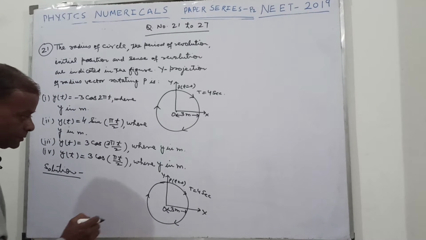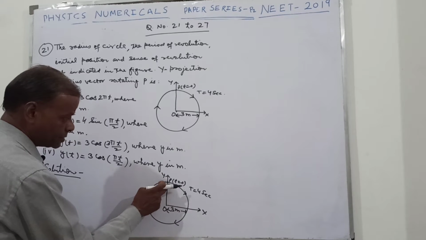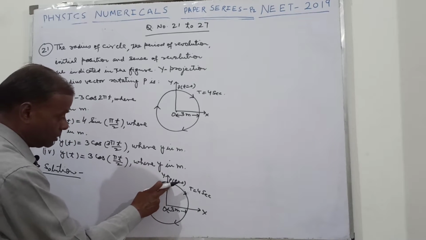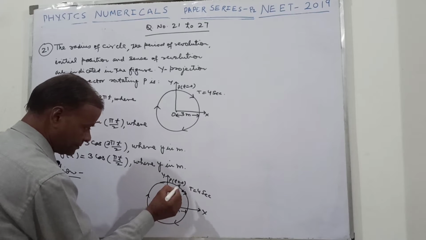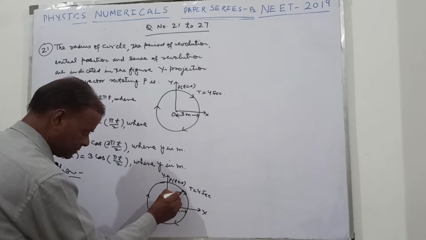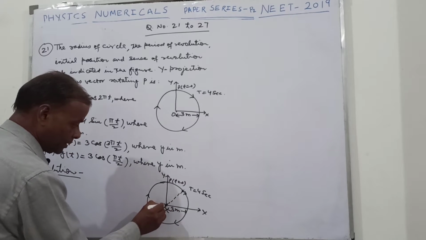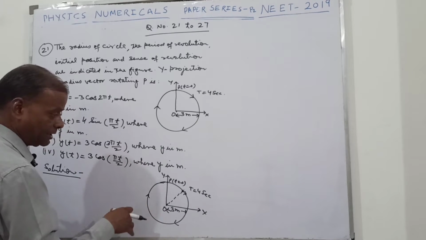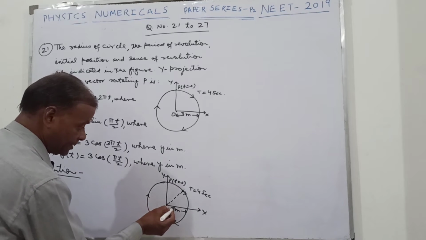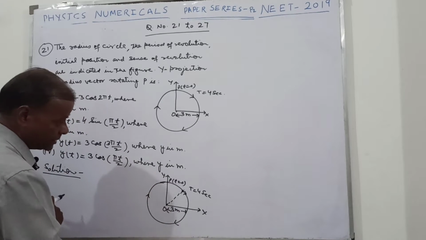So what do we have? The particle is moving like this. It is starting from this point on the y-axis. Now let it be somewhere here. When we study anti-clockwise, we take the measurements from the x-axis. Now the measurement will be taken from the y-axis.